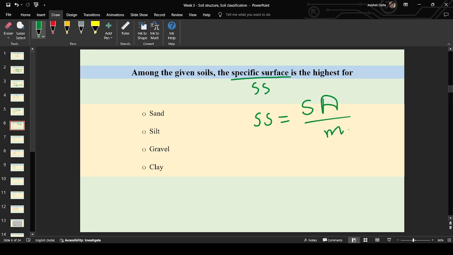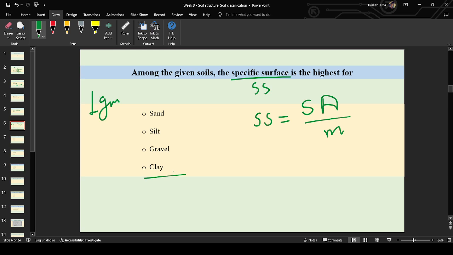So for a given mass, clay has the finest particles. It will have more number of particles, isn't it? For example, take 1 gram of every soil, sand, silt, gravel and clay. Clay will have the most number of particles because it has the finest particles.